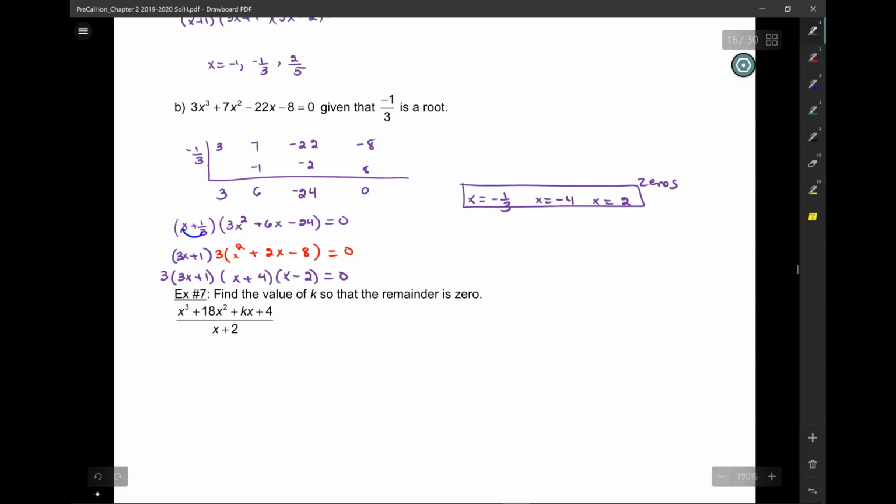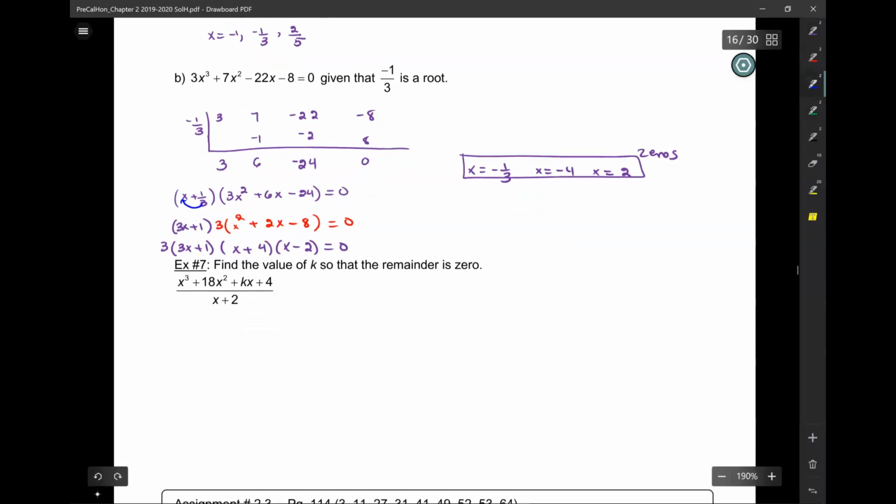Okay, now, here's what I've been trying to say. The factors of this is my original polynomial, right? What are the factors? 3, 3x plus 1, x plus 4, x minus 2.